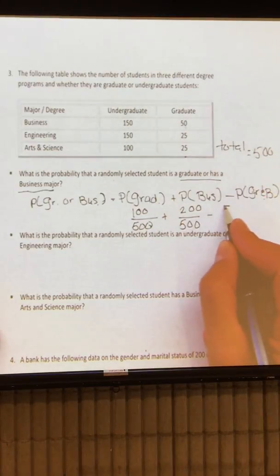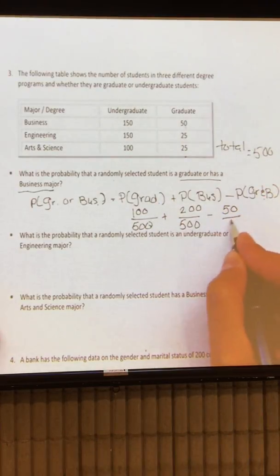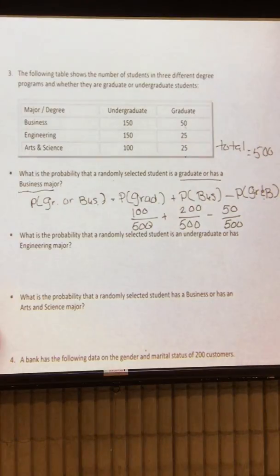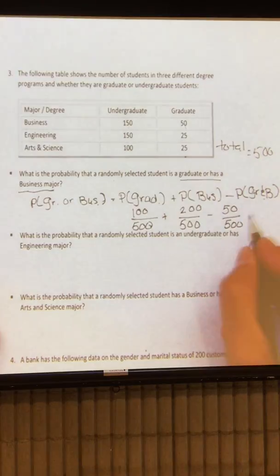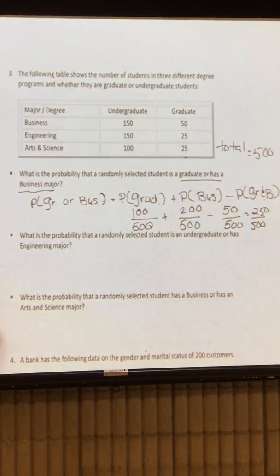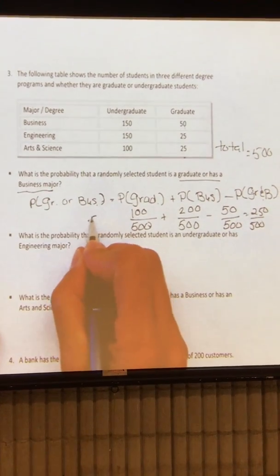Graduate and business is 50 over 500. So you have 100 plus 200, which is 300, minus 50. So you have 250 divided by 500, which is equal to 0.5.